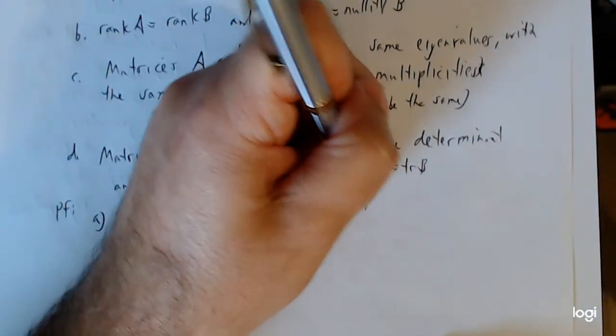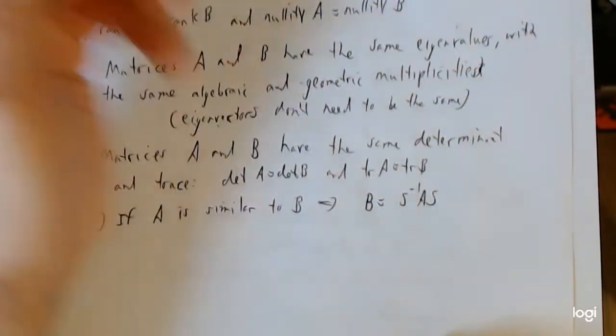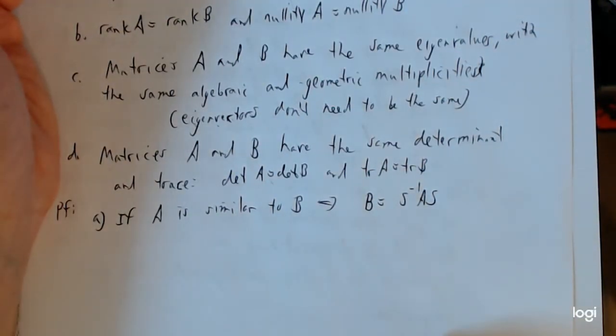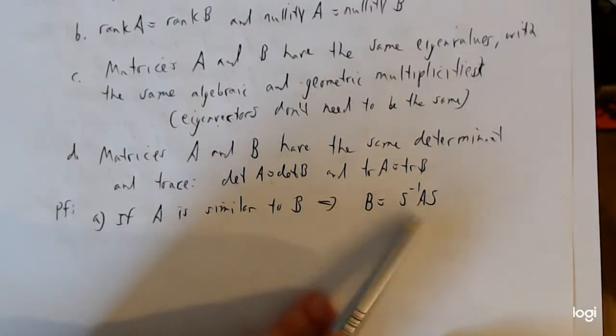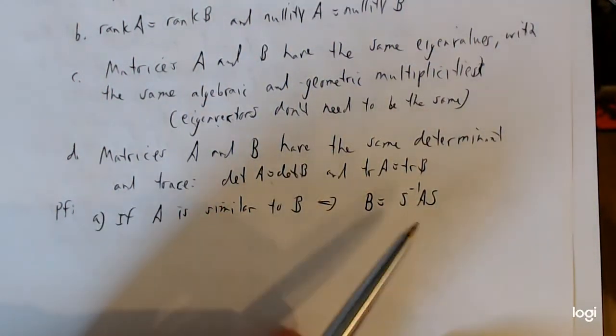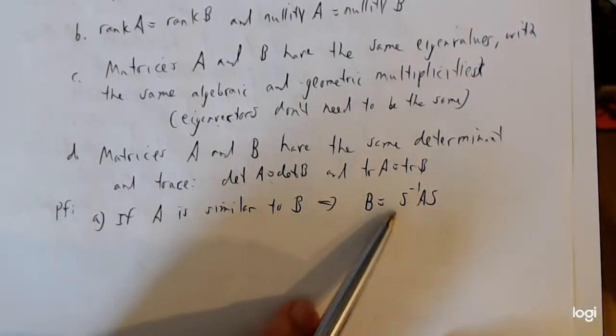We know that B is the same thing as S inverse AS. If you remember, we had AS equals SB, and S has to be an invertible matrix, so you just multiply by S inverse on both sides. And this is clearly true, right? We know that this is a fact.